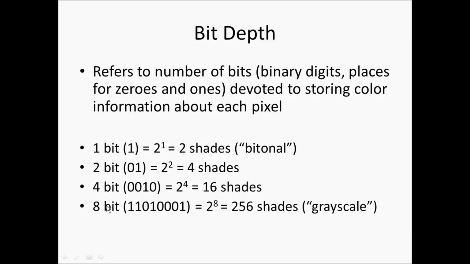So you can take an 8-bit scanned image in grayscale. You can have up to 256 shades of gray, and that's a good thing because that means higher resolution. So not only may you have a lot of pixels, but each one of those pixels can be 256 shades of gray.